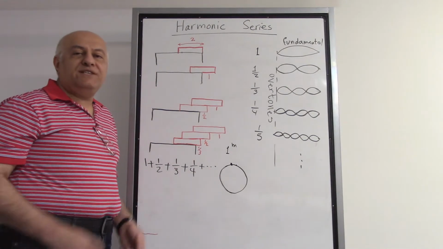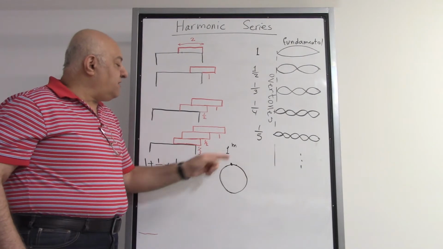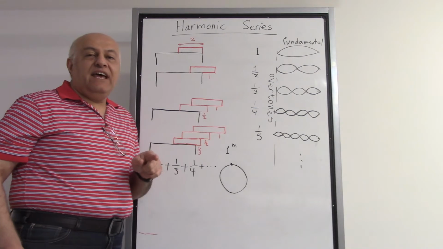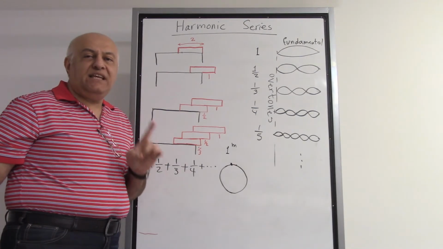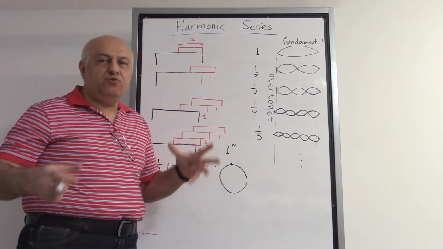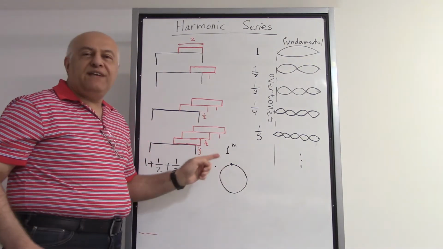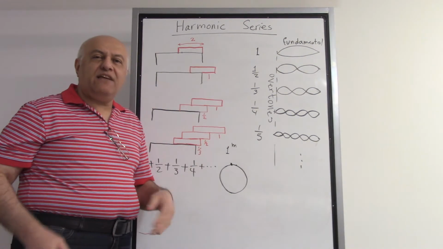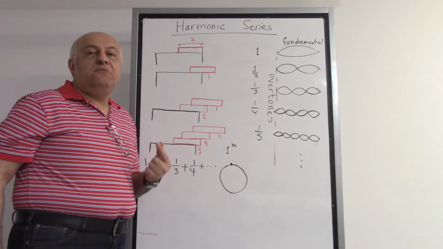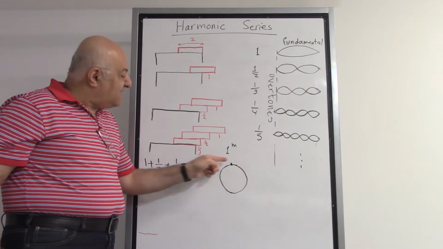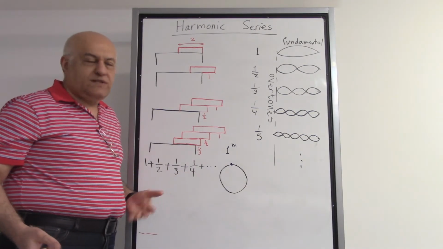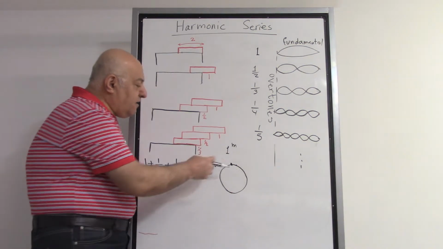Now, assume this is the case that this circular band, every second, its length would be extended by 1 meter. That means if it is 1 meter now, after 1 second the circumference becomes 2 meters. After another 1 second it becomes 3 meters, 4 meters. So with a rate of 1 meter per second, the circumference grows.